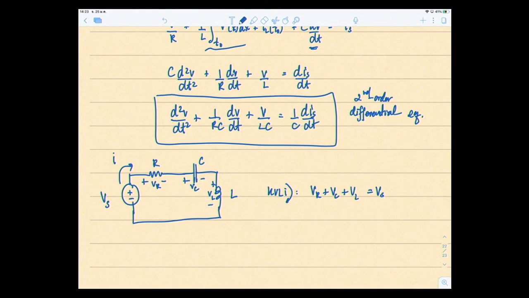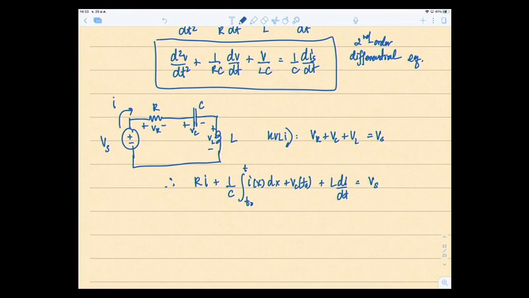VR is R times I. VC is 1 over C integral of I(x) dx from T naught to any time T, plus VC at T naught. And VL is L di/dt, equal to VS.